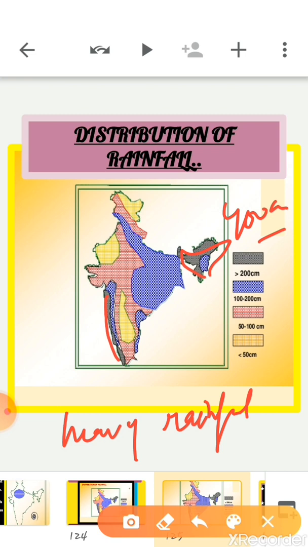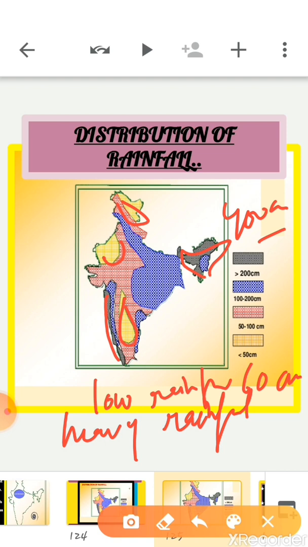Clear? Next, areas of low rainfall. An annual rainfall of less than 60 centimeters is received in western Rajasthan and the adjoining parts of Gujarat, Haryana and Punjab. And the next ones are the Deccan Plateau and Leh in Kashmir. These regions receive less than 60 centimeters of annual rainfall.